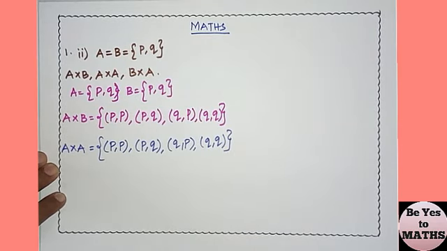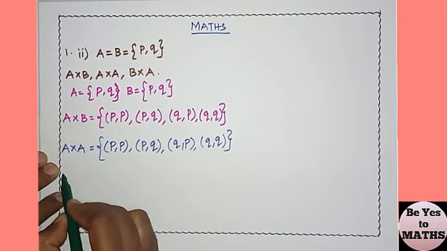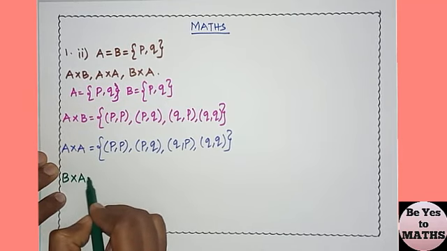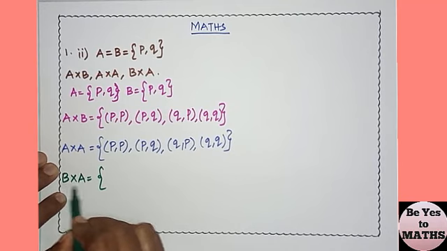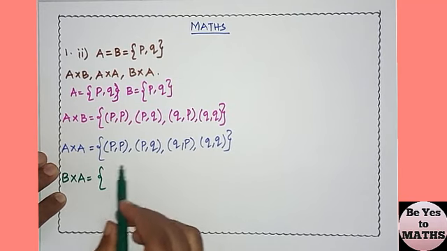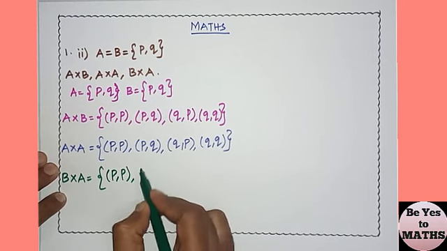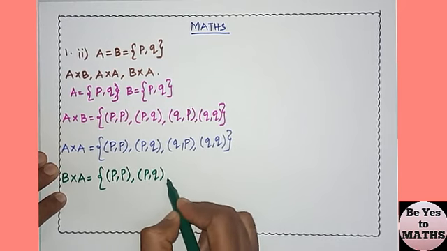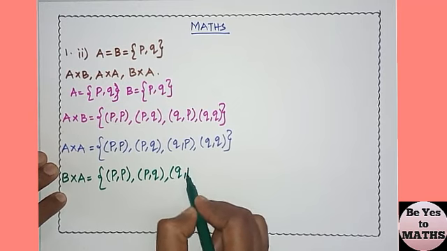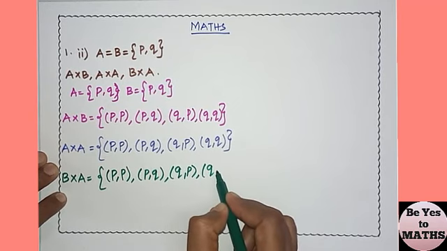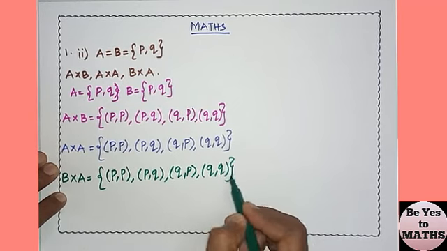The next one is B cross A. Here also set B and A both are equal, so the answer will remain as it is. So write it p comma p, p comma q, q comma p and q comma q.